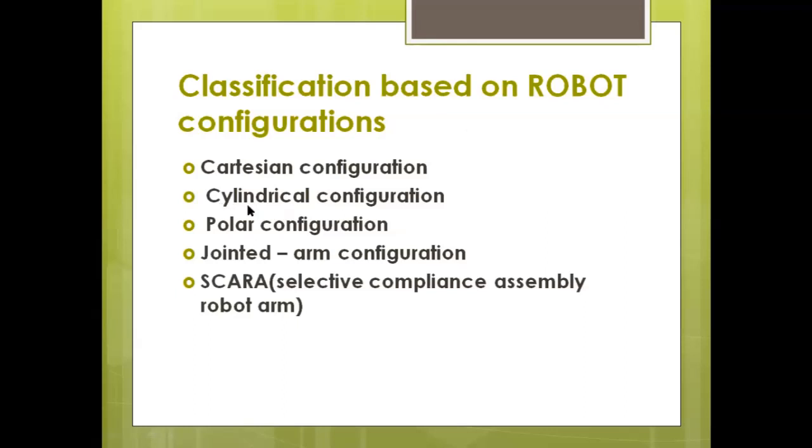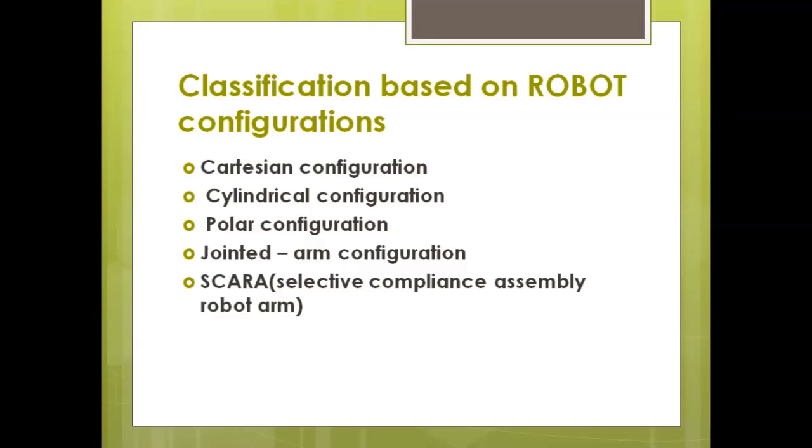Second one is cylindrical configuration. Third one is polar configuration. Fourth one is jointed arm configuration. And last one is SCARA, that is selective compliance assembly robot arm. These are the 5 configuration robots.